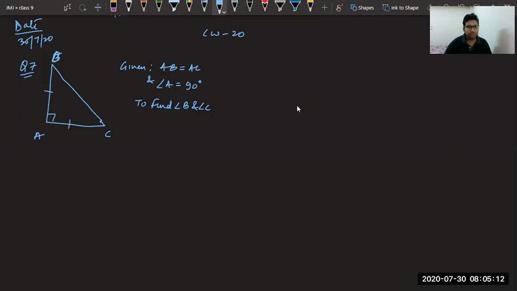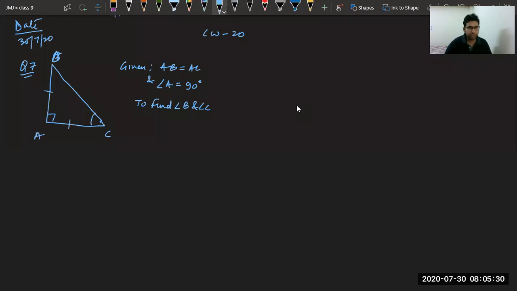First of all, as these two sides are equal, what do we get from this? As AB equal to AC, two sides are equal, that means angles opposite to the equal sides are also equal.